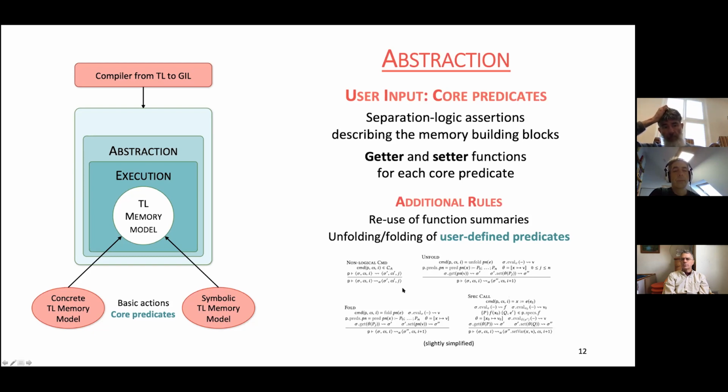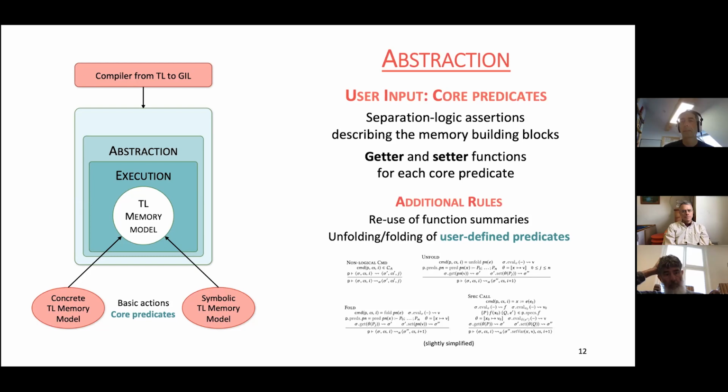And then we've got additional rules to cope with abstraction. What that's doing is calling the function summaries and folding and unfolding these user-defined predicates. So where the real work is, you've got these core predicates, but then you have to build up abstractions to get to the place where we would ideally love it if the general developer can work with, the place where the general developer understands the interface.